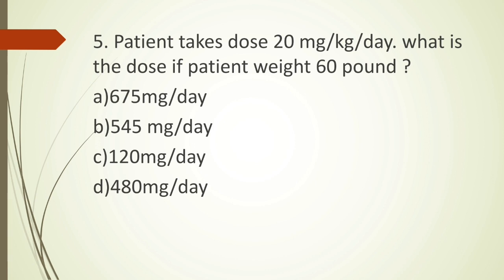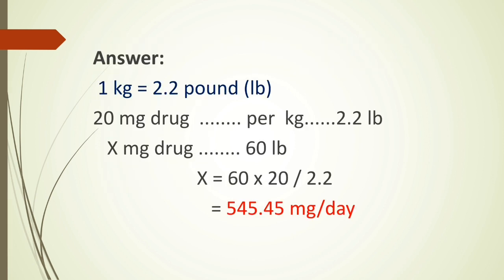So 20 milligram drug is present in 1 kilogram, that is present in 2.2 pounds, because 1 kilogram is equal to 2.2 pounds. So 20 milligram drug in 2.2 pounds, and X milligram drug will be present in 60 pounds.